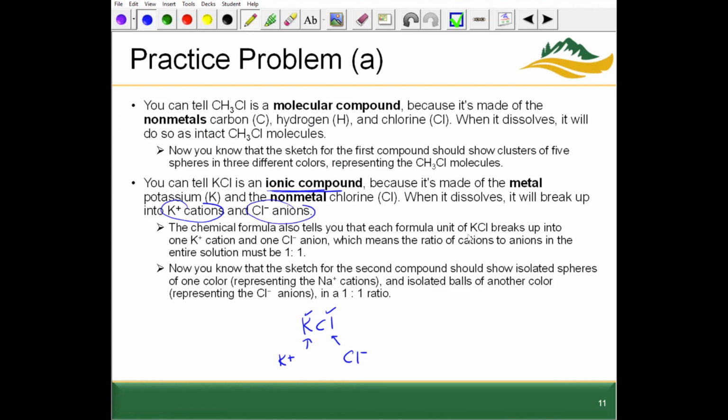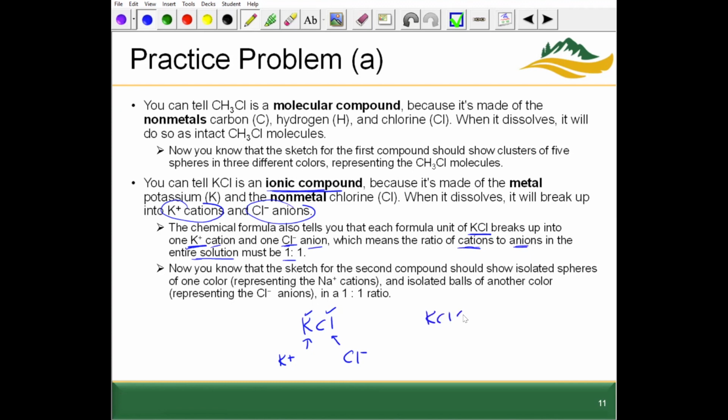What we can also gather from this formula unit, the simplest whole number ratio of those subscripts, is that KCl breaks up into one K+ cation and one Cl- anion. This means the ratio of cations to anions in the entire solution must be 1:1.